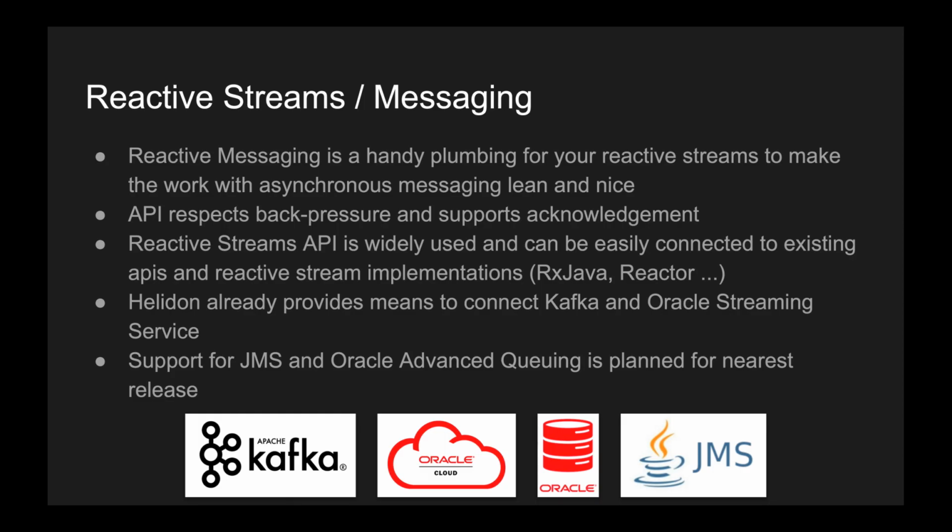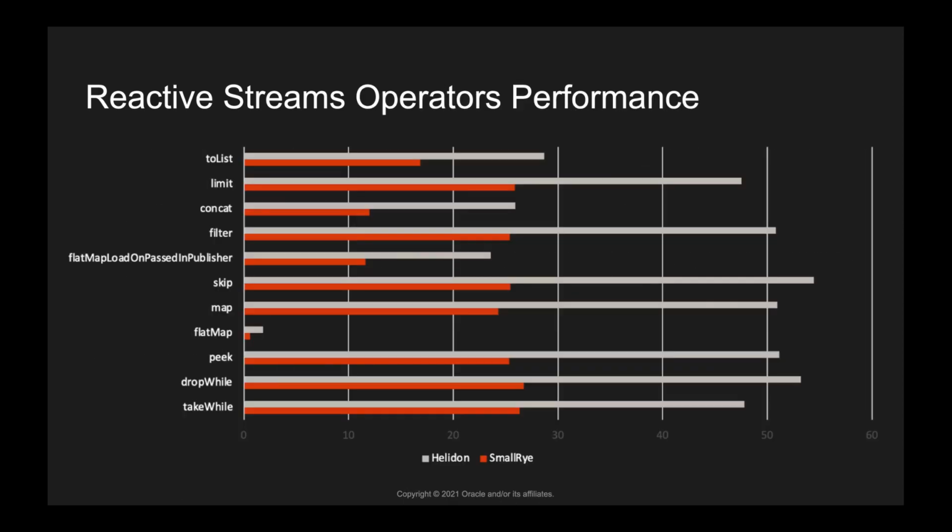Out of the box, you have full support for reactive APIs, so you don't have to download or depend on anything else. That means that for security reasons, you can use Helidon as a self-sufficient system. And as you see, we have JMS and Oracle Advanced Queuing support. It is already there now, not in the nearest future.